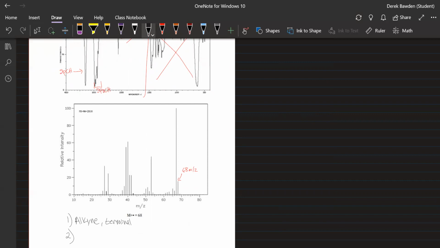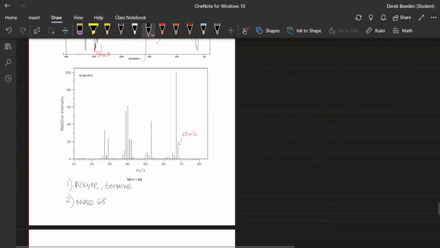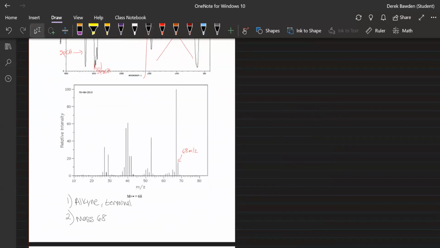We also know that our mass is 68. So we don't have any clues that there's anything other than carbons and hydrogens here. We need our mass to equal 68.